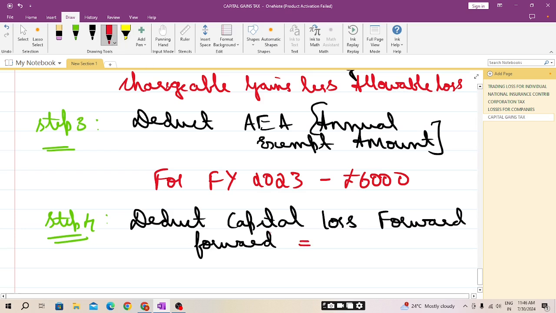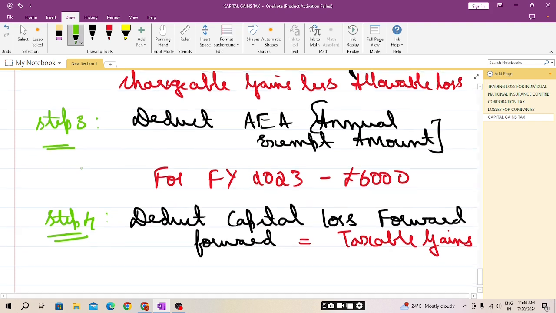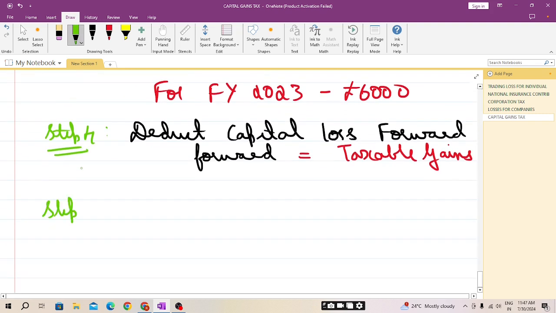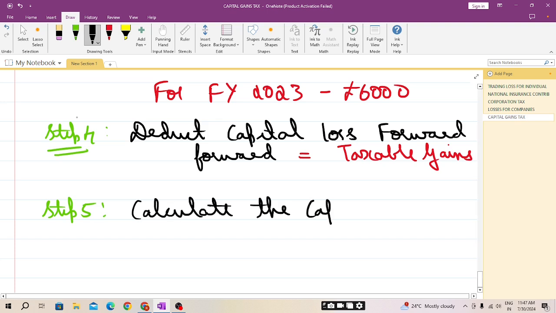So we will arrive at our taxable gains, after deducting the capital loss brought forward. And the step number 5 is, students, calculate the CGT payable. Calculate the capital gains tax payable.